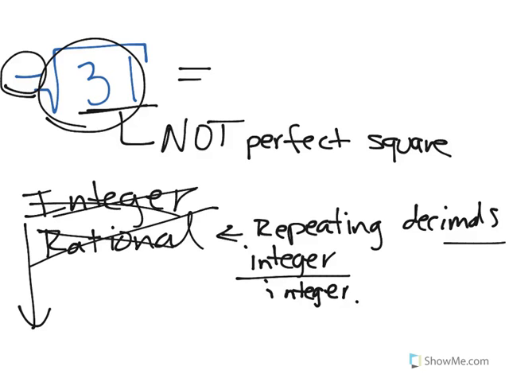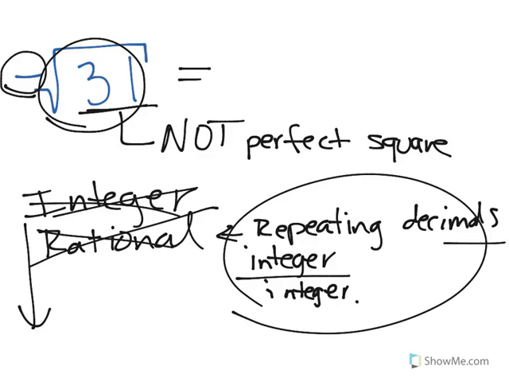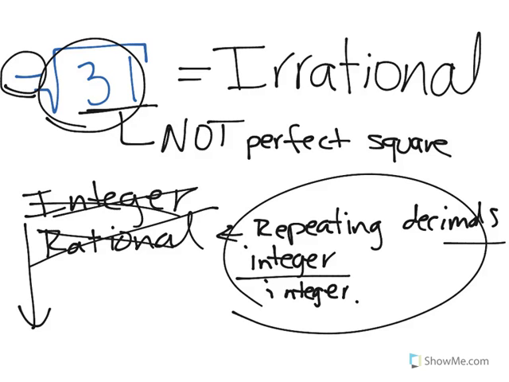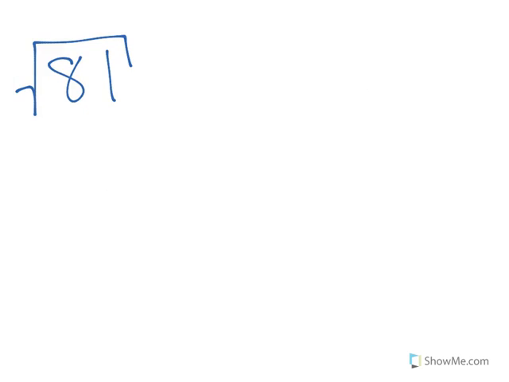However, the square root of a number that is not a perfect square will never have this property. So the negative square root of 31 can only be an irrational. Something to keep in mind is that every time you have the square root of a number that is not a perfect square, it will be an irrational number.